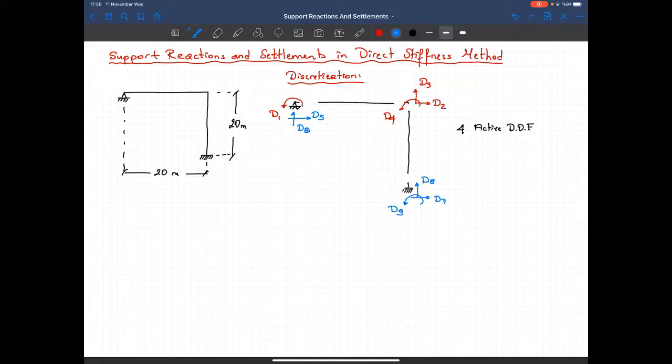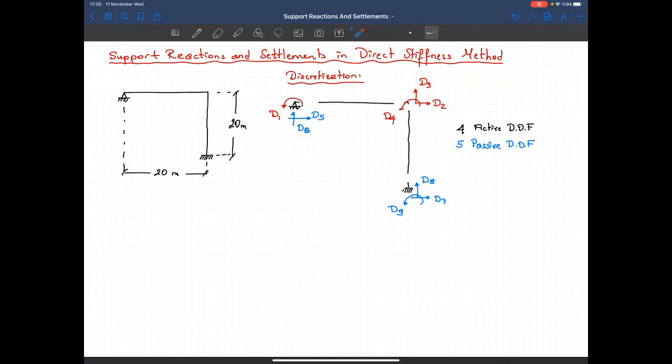Okay, and I got 5 passive degrees of freedom. Since I have 3 nodes, I got 9 possible locations of degrees of freedom or displacement, but 5 of them are restrained by support conditions. So in that case, I'll have 4 active and 5 passive degrees of freedom.